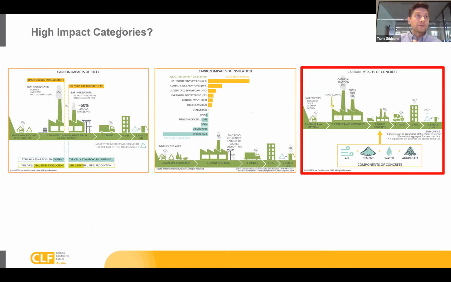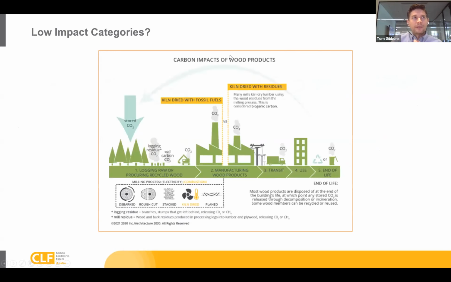I put a question mark on purpose for high impact categories because we're doing things in concrete, steel and insulation across the board, and everything we put into buildings is making it better. But that said, concrete and cement we know is a huge emitter. And I think mass timber is doing a good job of replacing specifically some output from concrete. So bringing that one in.